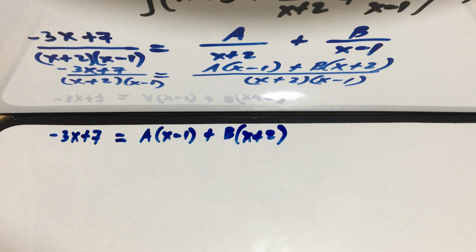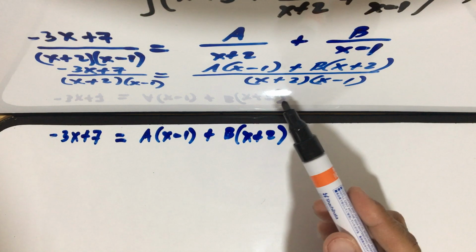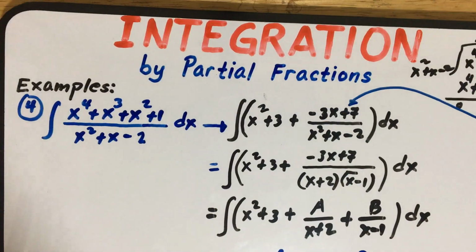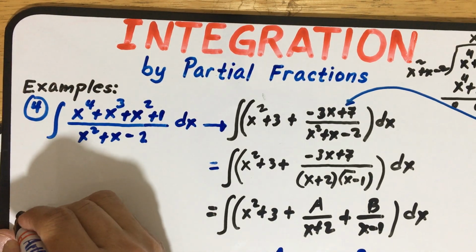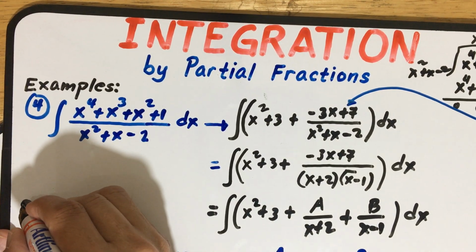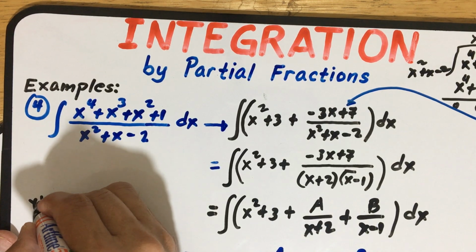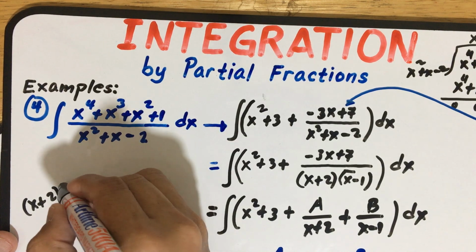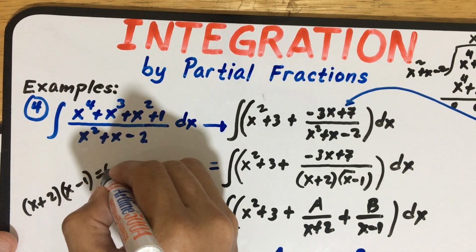Then after that, let's solve for the values of a and b by setting the value for x. So how to solve for x? We need to equate these factors, x plus 2 times x minus 1, to 0.